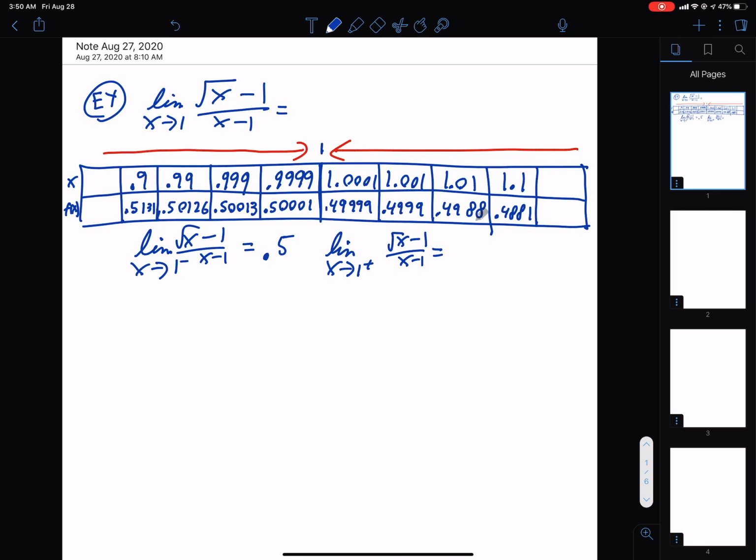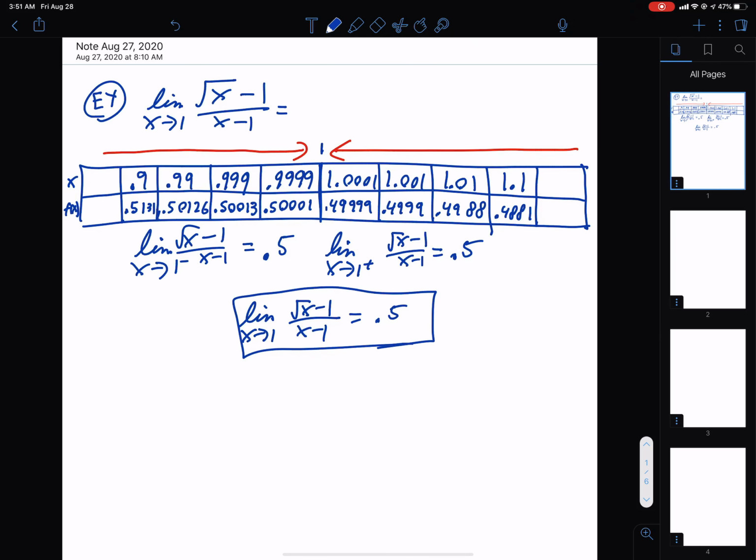So for me, we're getting really close to 0.5. So my conclusion, we learned if the limit from the left equals the limit from the right, then the limit is going to be what the left and right approach, and that's going to be 0.5.